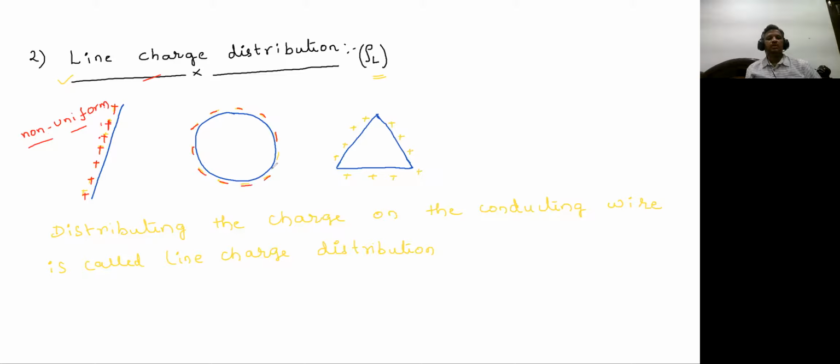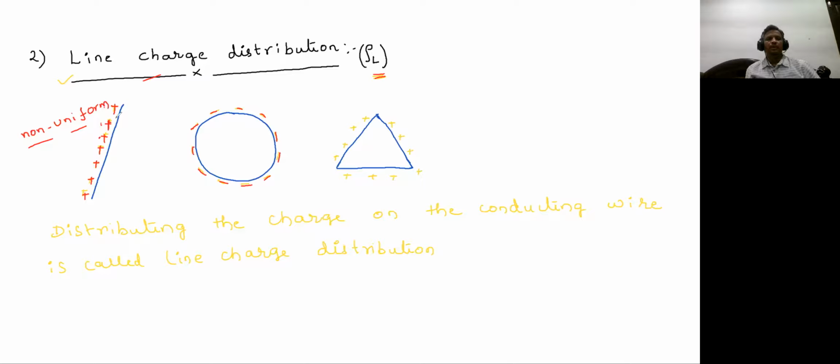We will assume that the charges are distributed uniformly, but in practice, there is no question of uniform distribution of charges, because all charges, if they are the same, because they are distributed with the same material, will repel each other and they will become non-uniform. Based on what you can say these are non-uniform, that's what we are going to see next. So first, let us try to define what is this rho L.